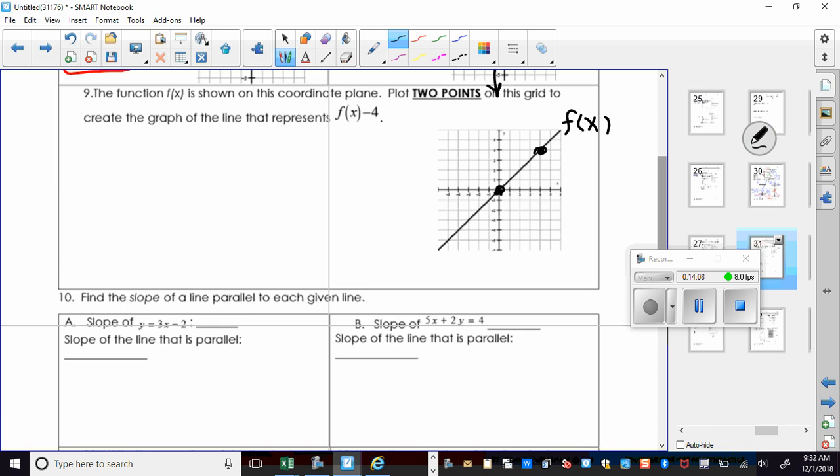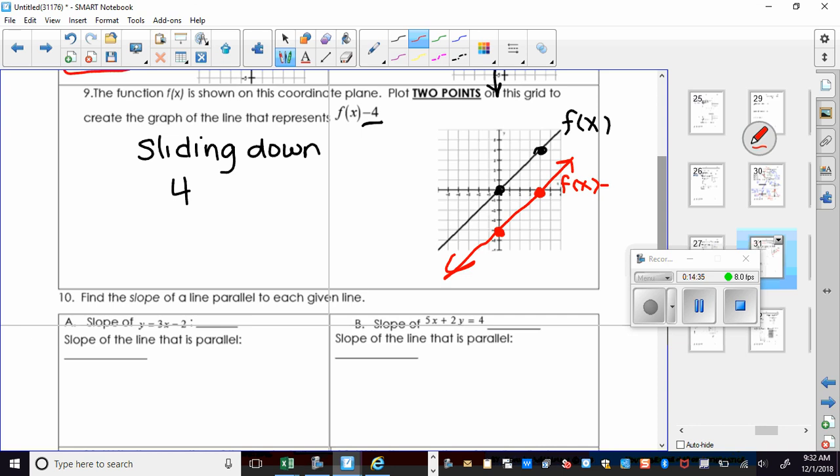And the shift, the transformation here, is I'm sliding down 4 because it's negative. So my new points, I'm going to do them in red. I have a new point here at (0, negative 4), and then I have a new point here at (4, 0). My new line, the shift going downwards, is f of x minus 4. Okay?